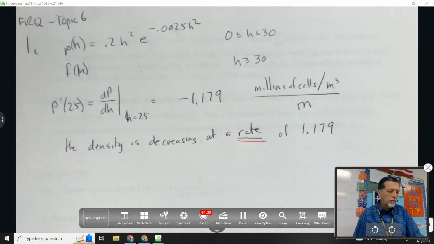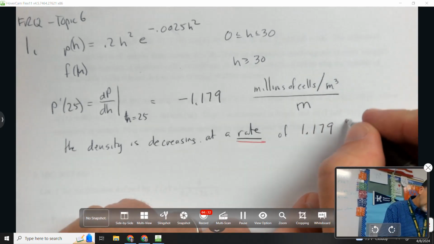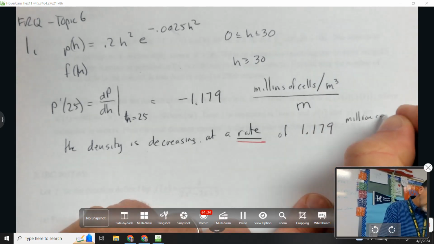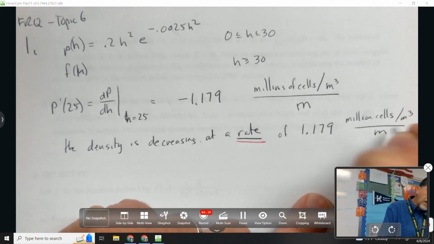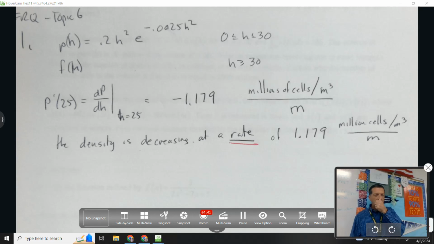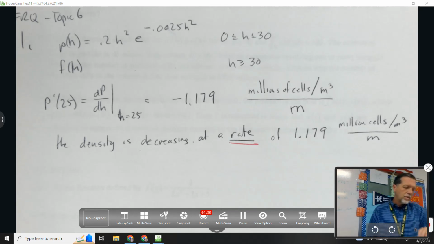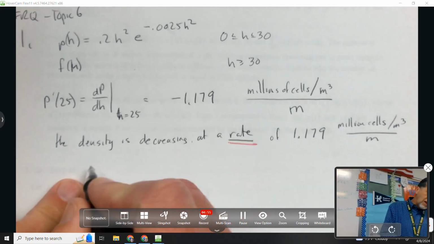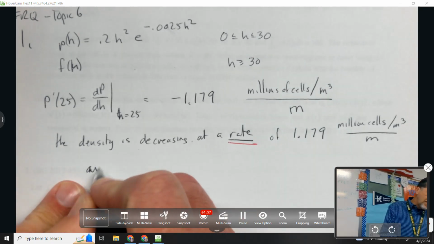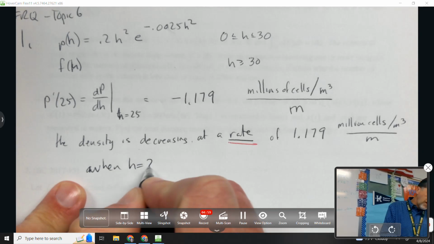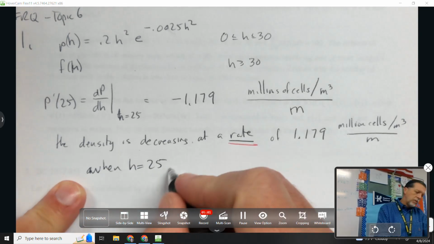At a rate of 1.179 million cells per meter cubed per meter. I like leaving it like that because that's density over depth. If you simplify it to million cells per meter to the fourth, it's fine. You just kind of lose sight of what it means. I need to say one more thing: at h equals 25. So that's the rate when we're 25 meters deep.